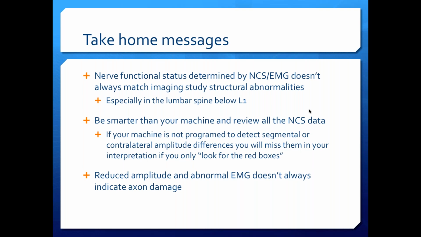Make sure that you're able to not only look at what the machine is telling you is abnormal, but always go back and review all of your data and look for things that don't quite make sense. Look for amplitudes that drop quite a bit.